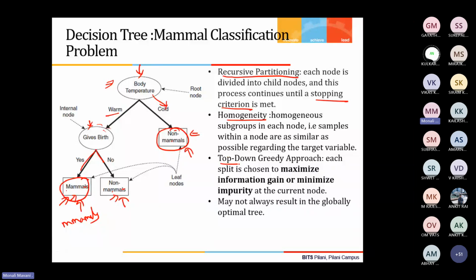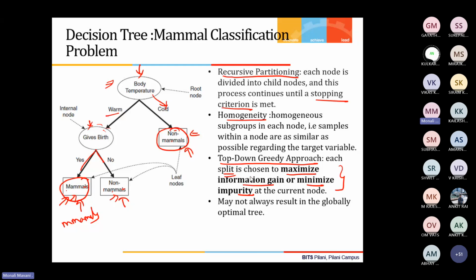Then this is a top-down greedy approach. Top-down means we start from the top and construct the tree top to bottom. And each split, because we are splitting at each node, is chosen to maximize the information gain or minimize the impurity. I'll talk about this.